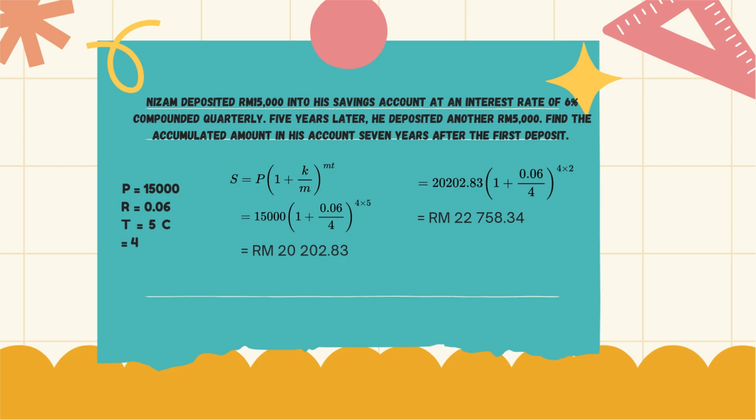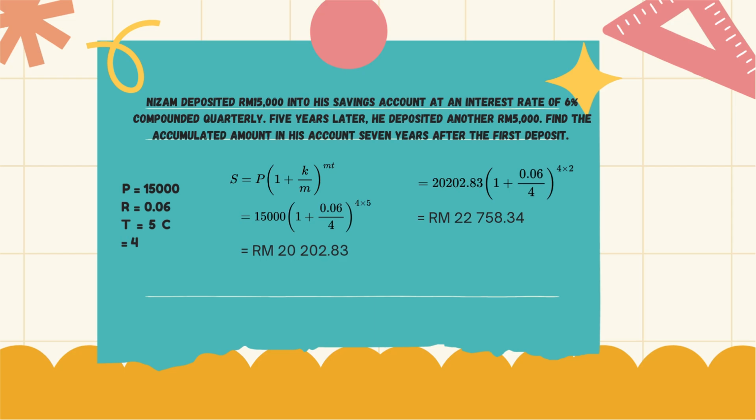So, for this question, we are going to use the formula S equal to P 1 plus k per m in brackets to the power of mt. P is 15,000 ringgit. R, which is rate, is 0.06. T is 5 and C is 4.